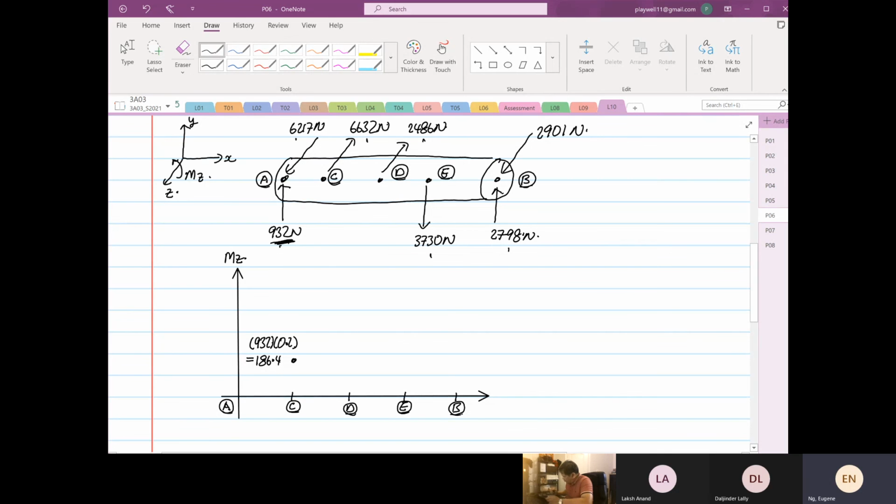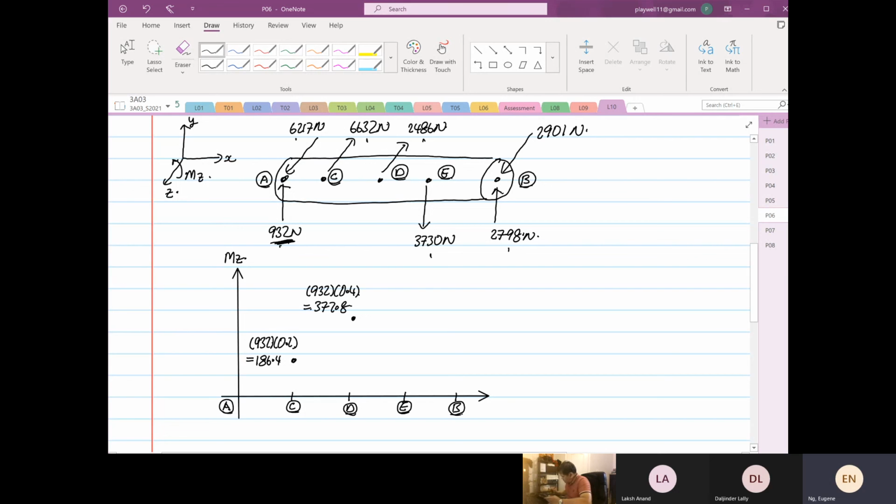At point D it generates 932 times 0.4, which is 372.8. Now these numbers are important.